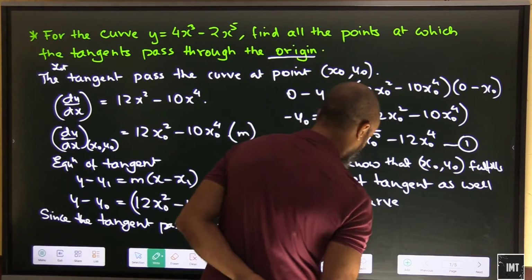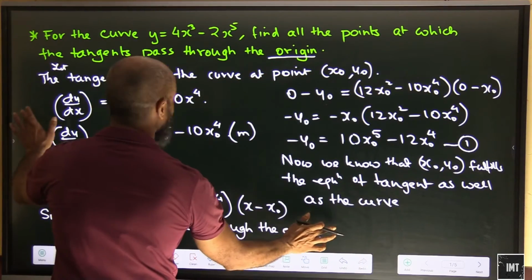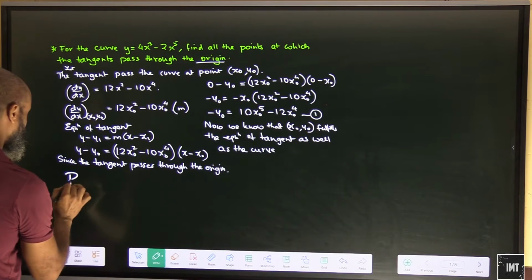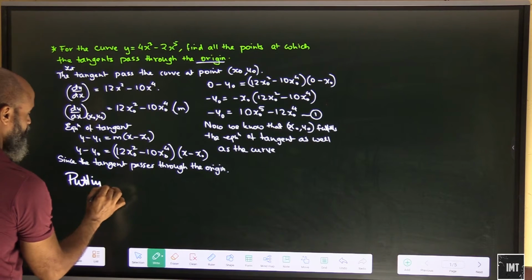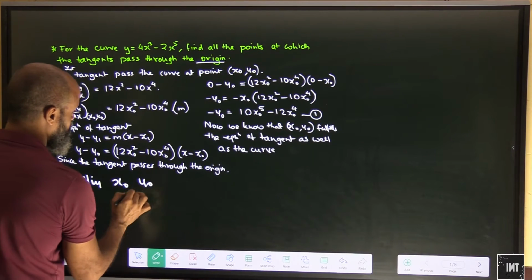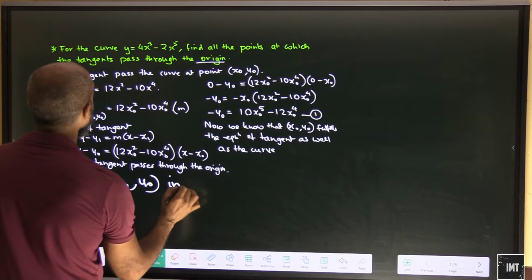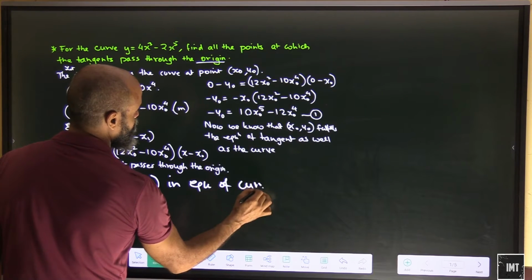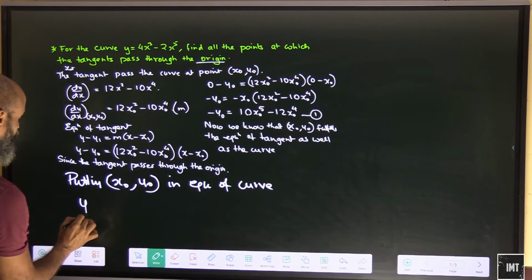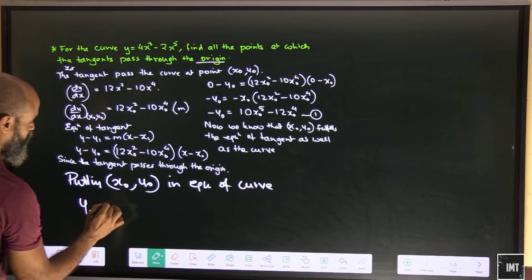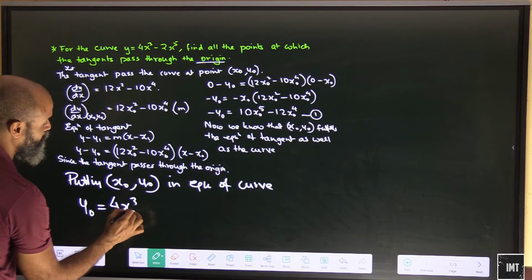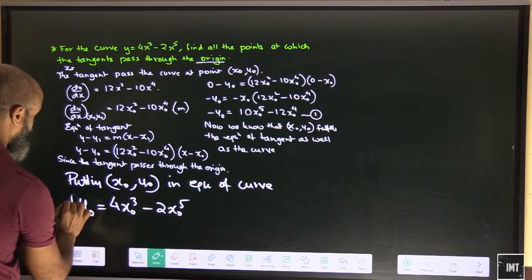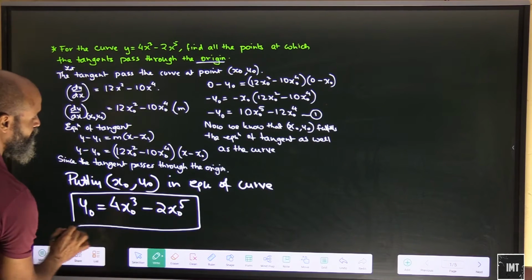So putting x naught, y naught in the equation of the curve, we have y naught is equal to 4x naught cube minus 2x naught raised to 5. Okay, here it will be equation number 2.